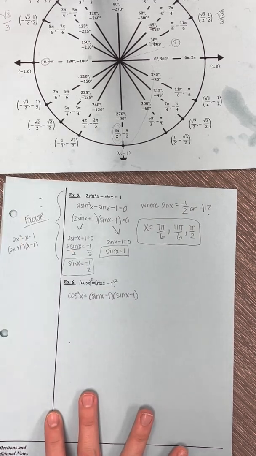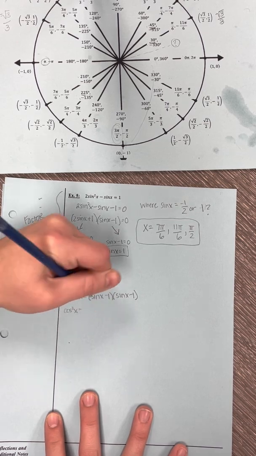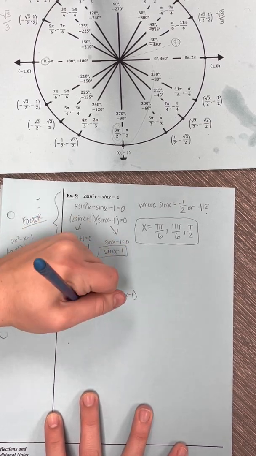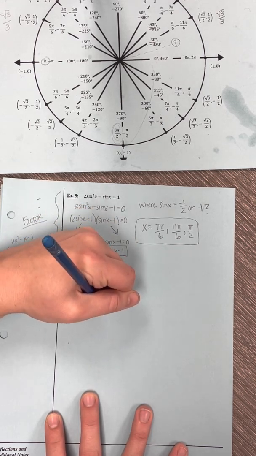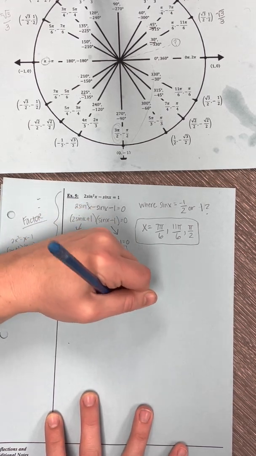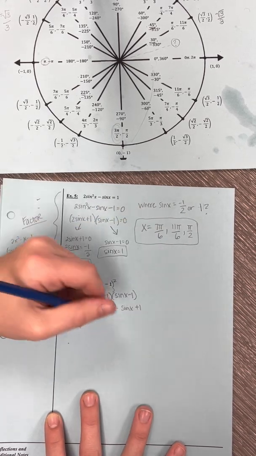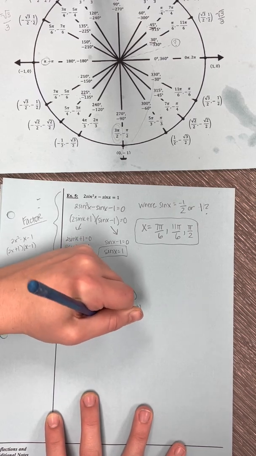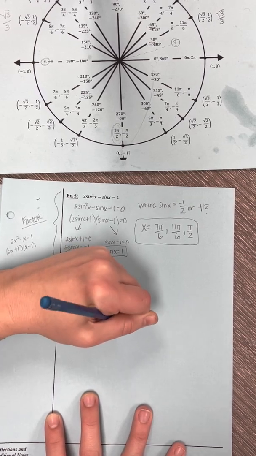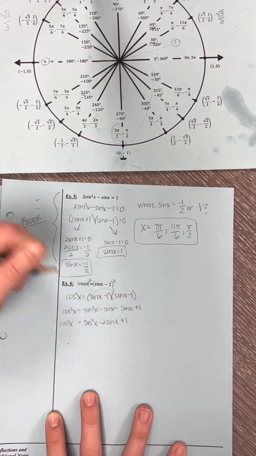All right, we're going to go ahead and factor all of that out. So again, we'll have cosine squared x is equal to sine squared x minus sine x minus sine x plus 1. So we will have sine squared x minus 2 sine x plus 1 is equal to cosine squared x.